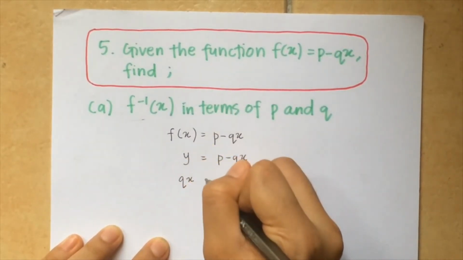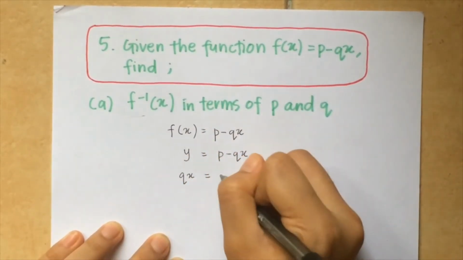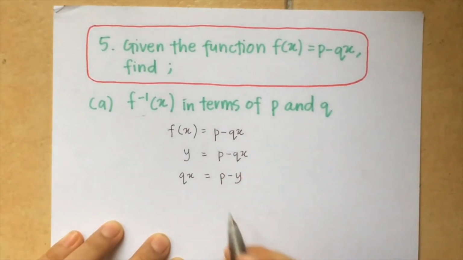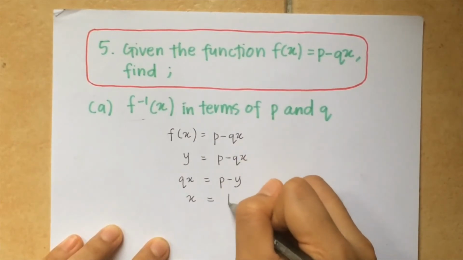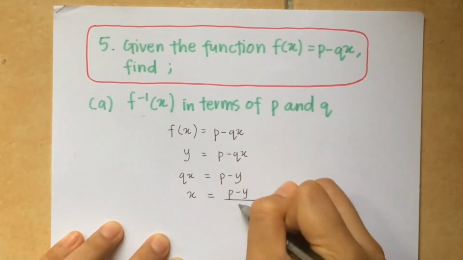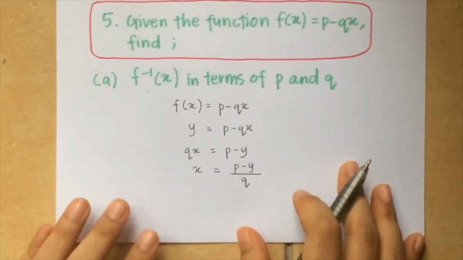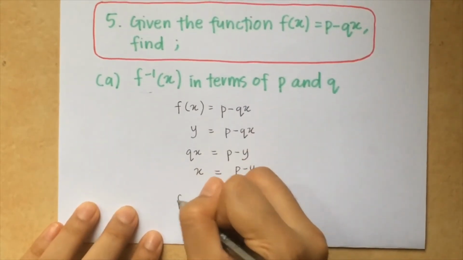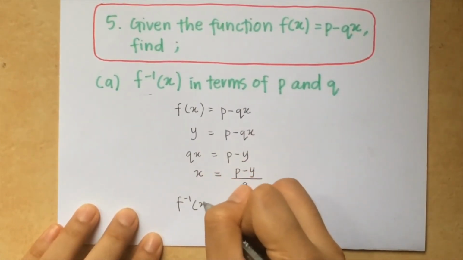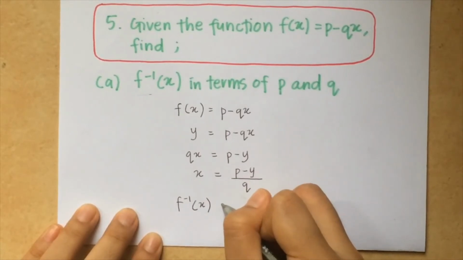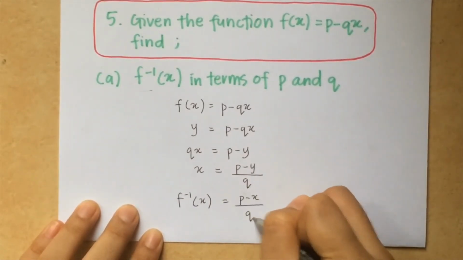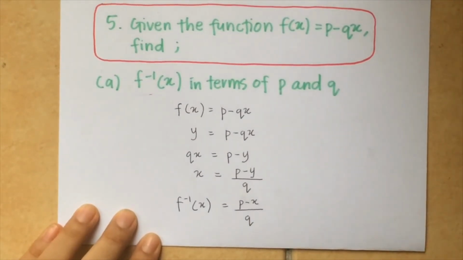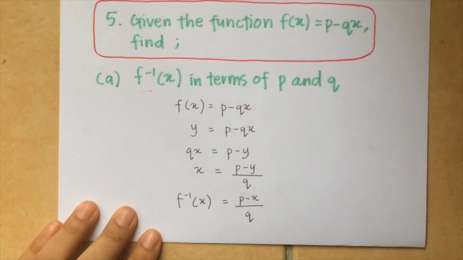So x equals p minus qy. And just write it back in terms of inverse function. That's how we get the inverse function f inverse(x) equals p minus qx.